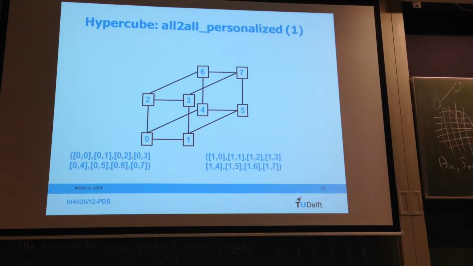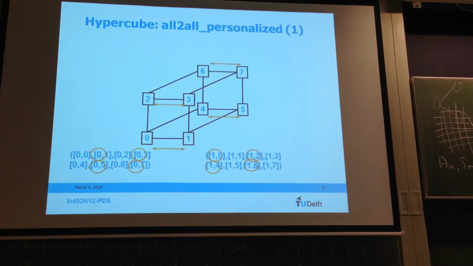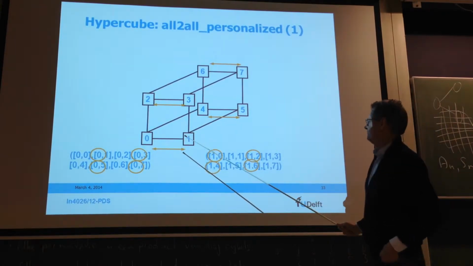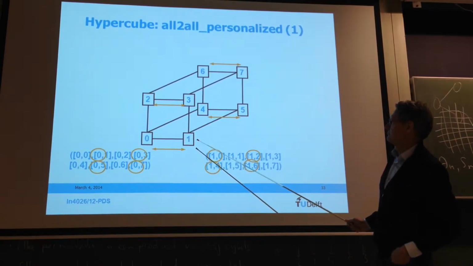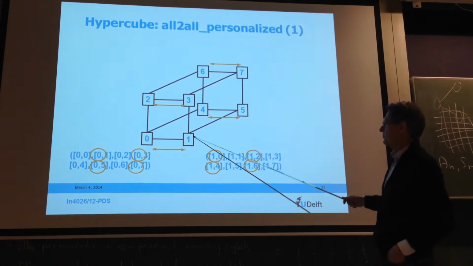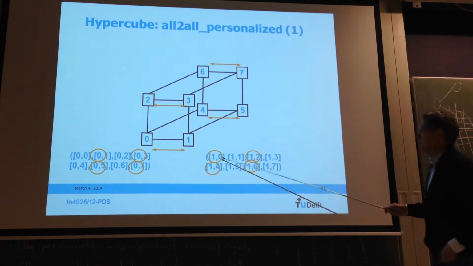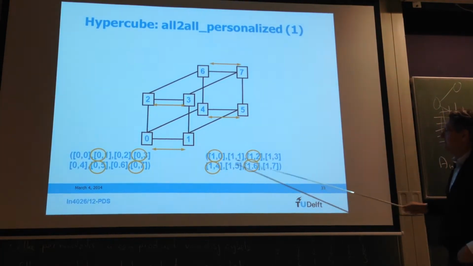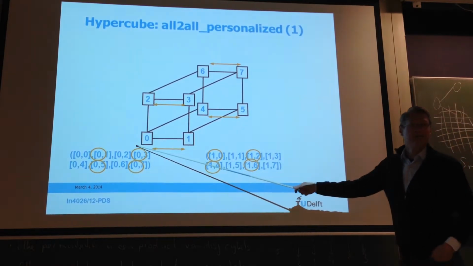And what we do is we exchange halves here. So after the first step, all nodes have to exchange in one dimension all halves. Right? So in the end, it picks out these items and sends them to processor 1, and it receives these items from processor 1.